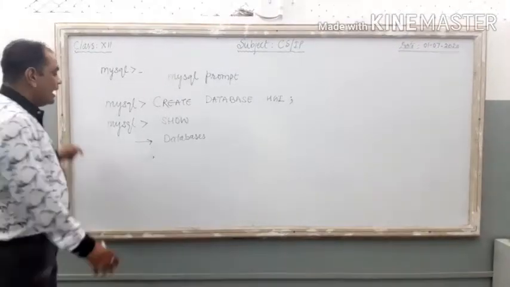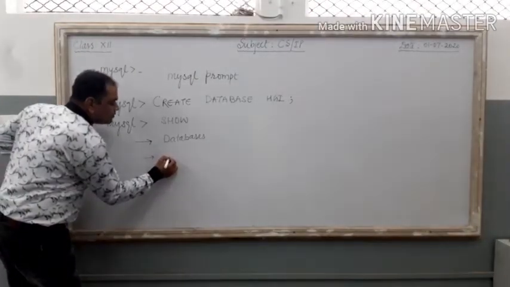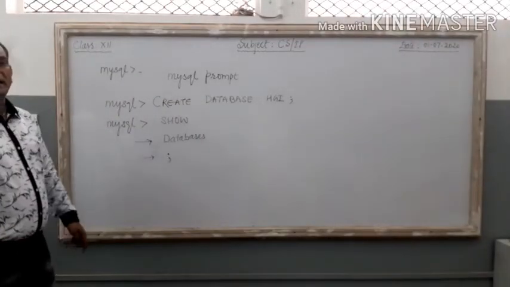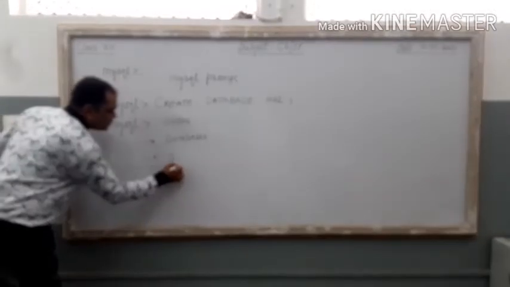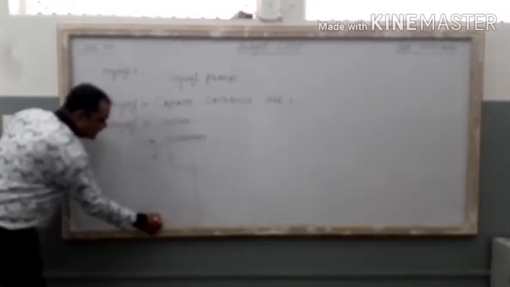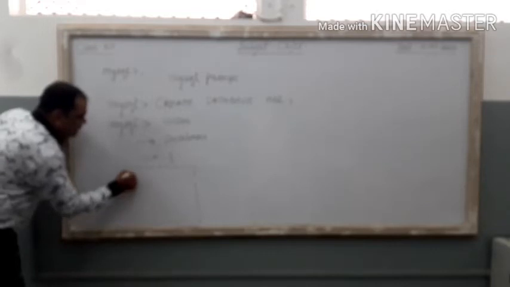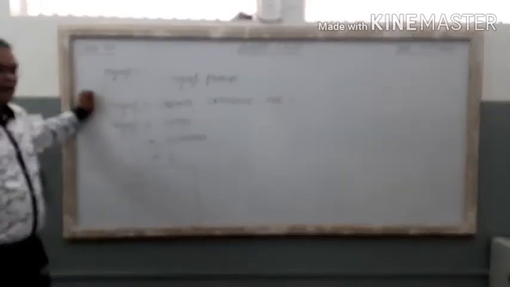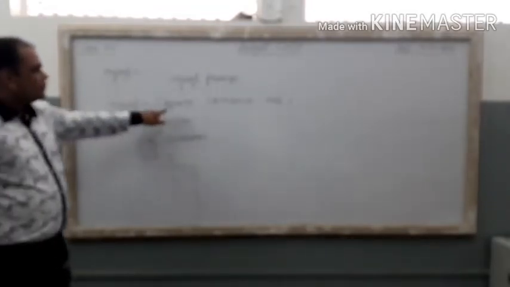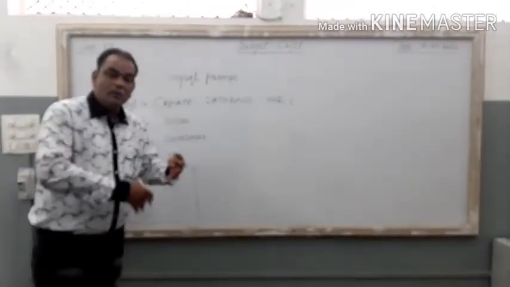Clear? Now at the third line I am going to put semicolon like this. Show databases. Once I put semicolon and then press enter, automatically the command will execute, and all the databases that are created already will be there on your monitor. Clear? Right? You can convert this single line command also into multiple lines.